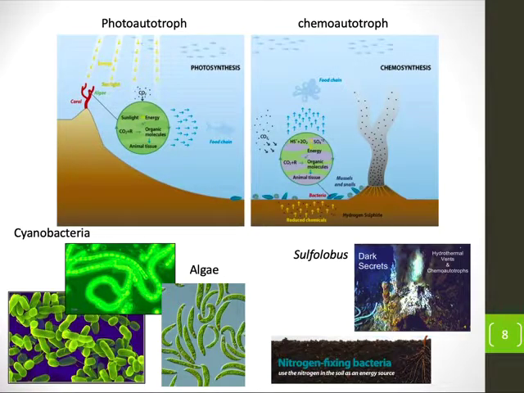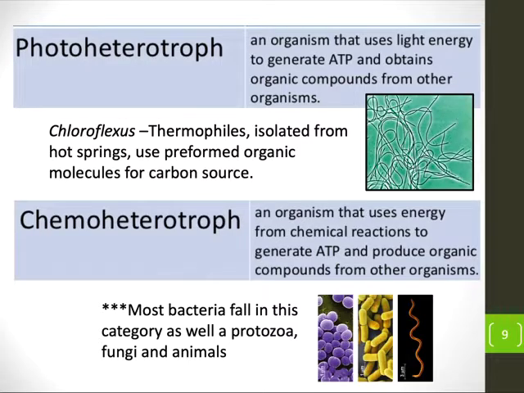If we look at photoautotrophs, we see them in the oceans. We have cyanobacteria and algae. Chemoautotrophs as well, in the deep seas, an example is sulfolobus, and deeply in the soil as well. An example will be the nitrogen fixing bacterium rhizobium. Then we have photoheterotrophs.